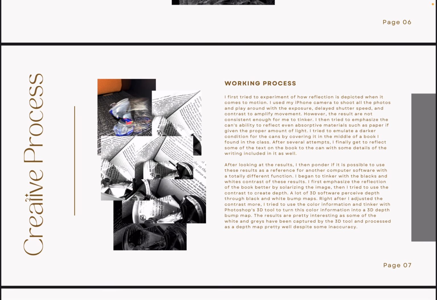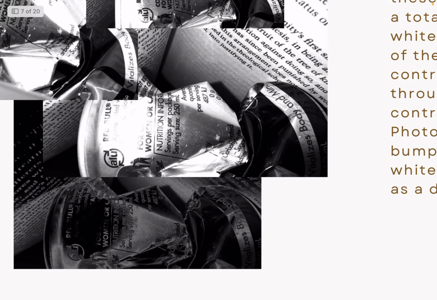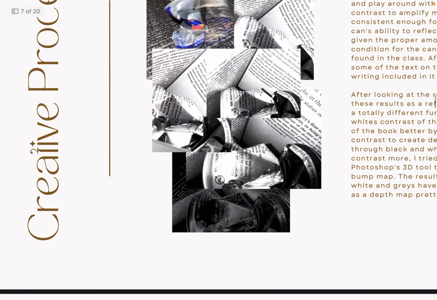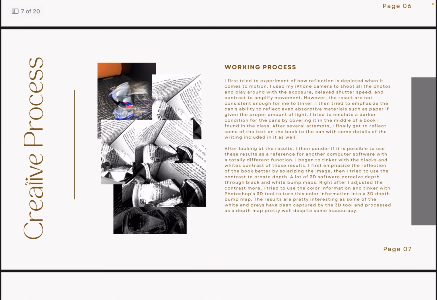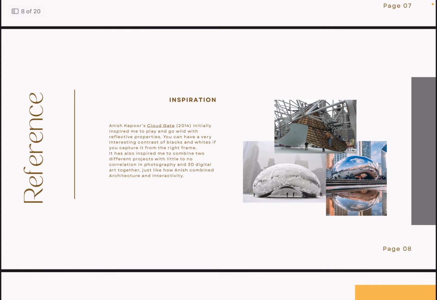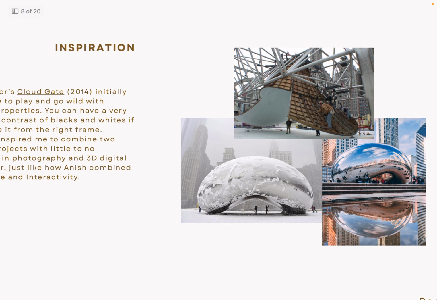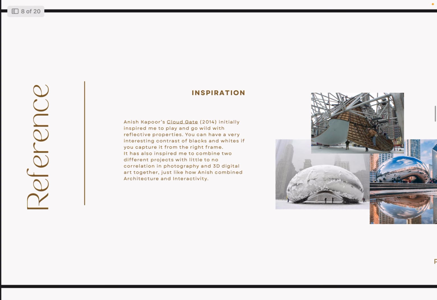I experimented a lot with the reflection and finally created a very high contrast black and white image that I can use as my depth map. Big inspiration came from the Bean, or you could call it Cloudgate, by Anish Kapoor.